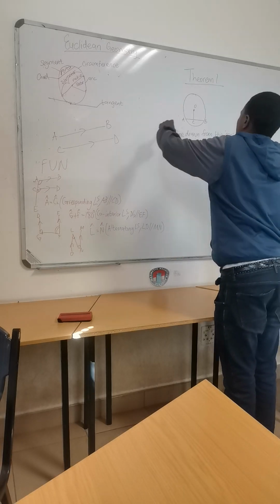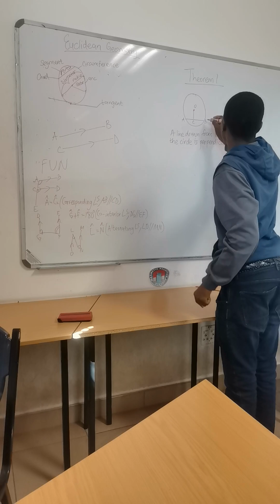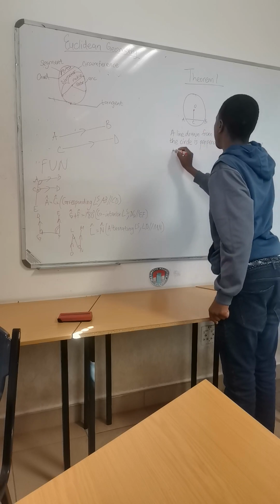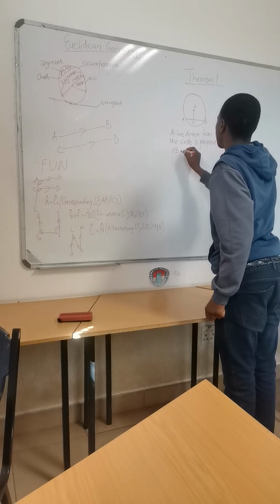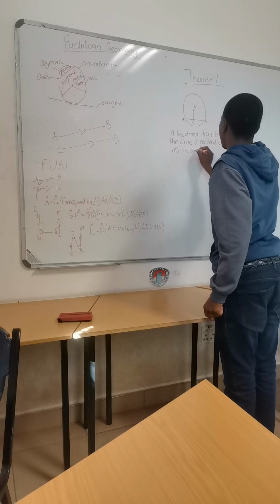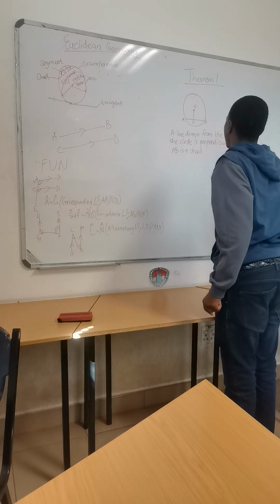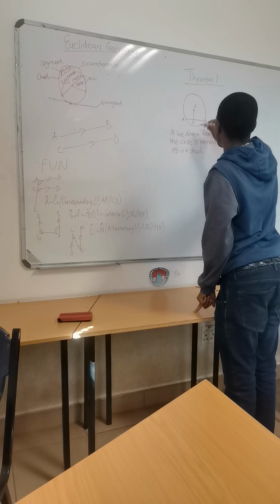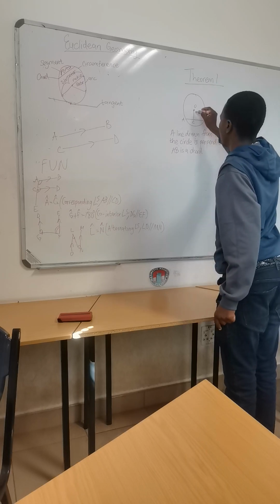AB is a chord, which means OC is the line drawn from the center.